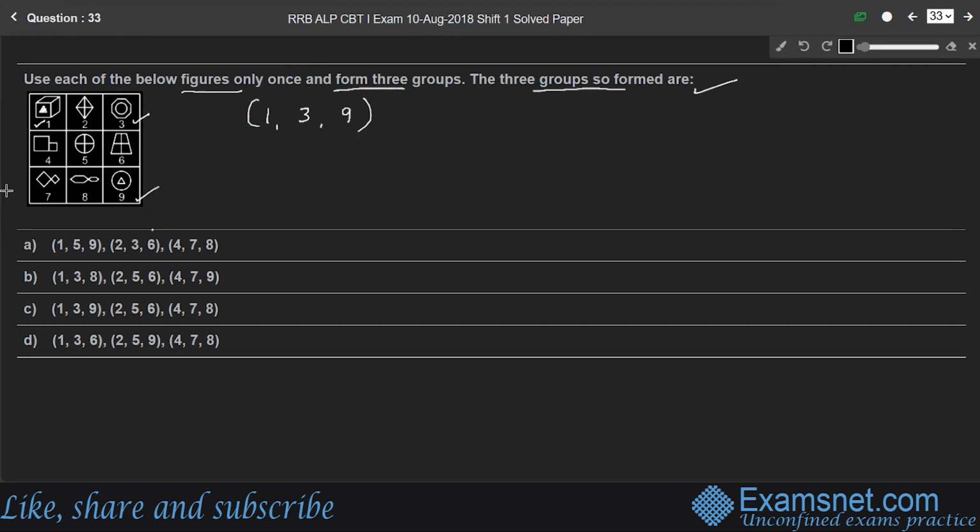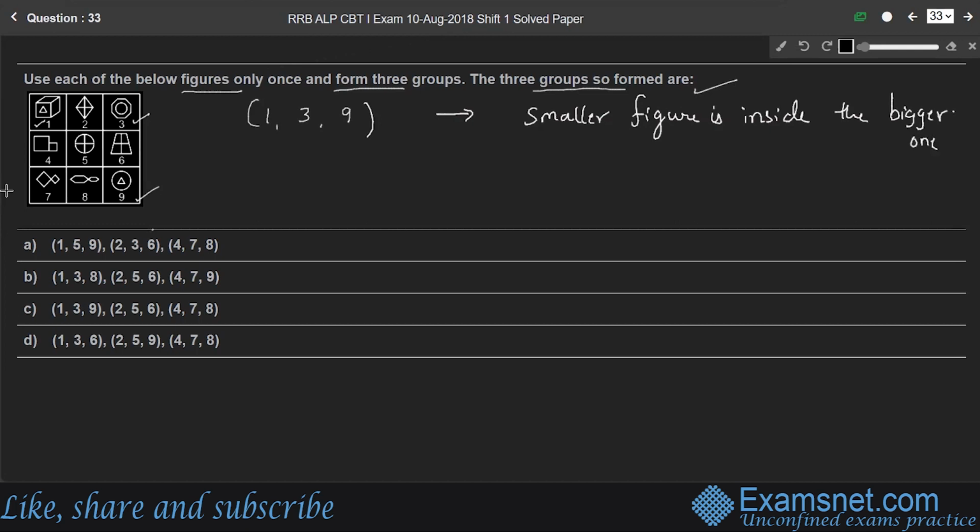In the third figure also, the smaller figure is inside the bigger figure, and in figure 9 also. So the pattern here is that the smaller figure is inside the bigger one.